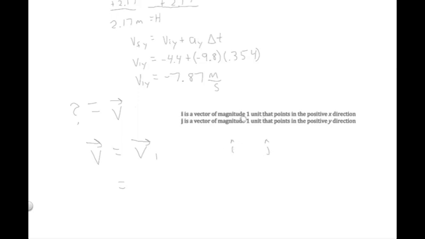Now you can see that i is about the x direction, so we're going to use i hat to express our x component. We already knew that the x component was positive 16.4 meters per second. So in the unit vector approach, that multiplies times i hat. And now what we're going to do is add the y component at time 1. Well, we just figured that out.